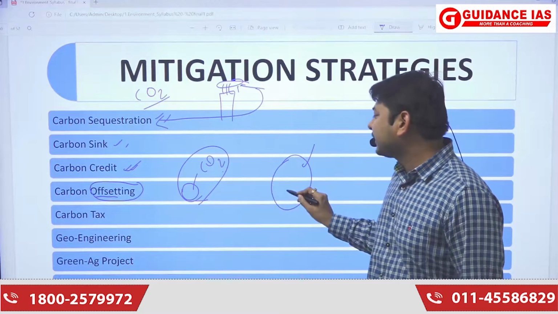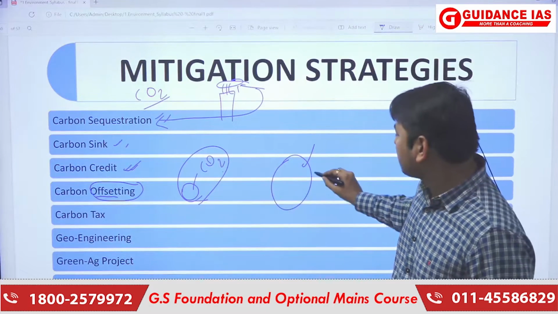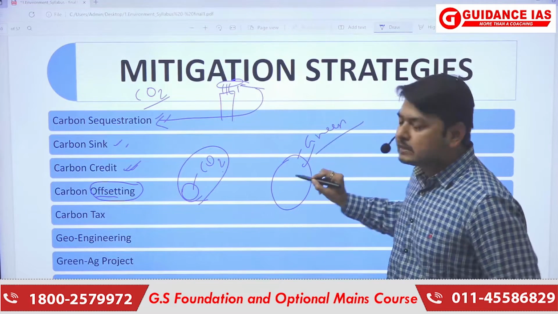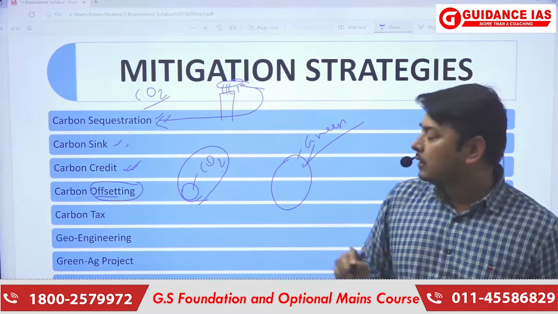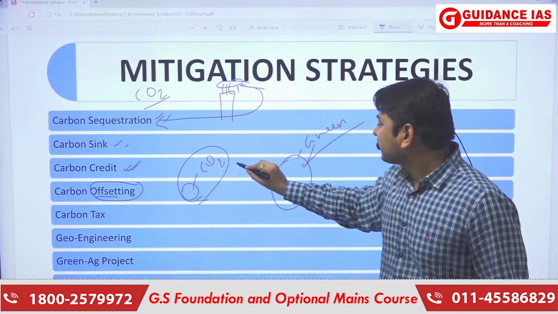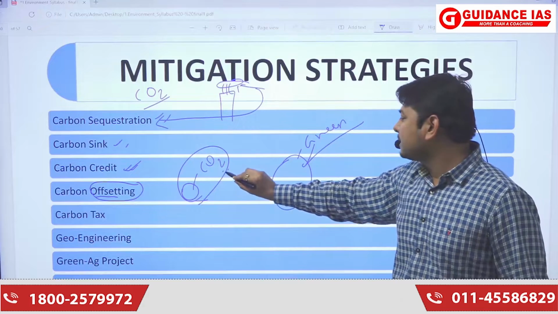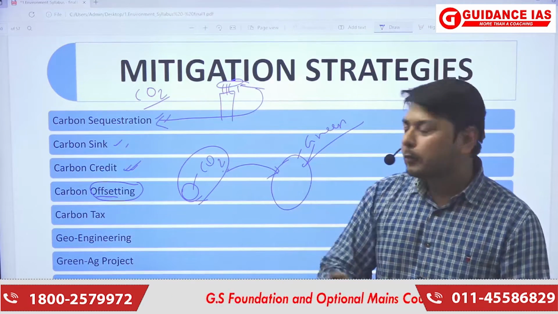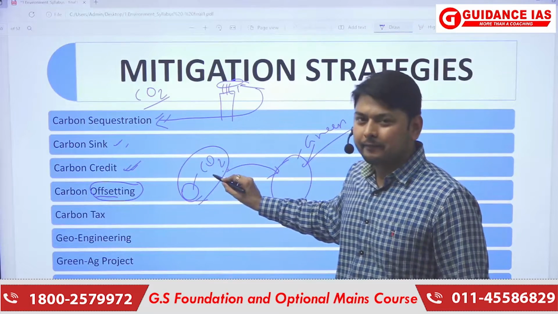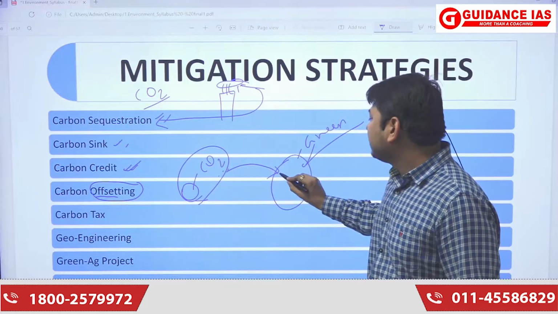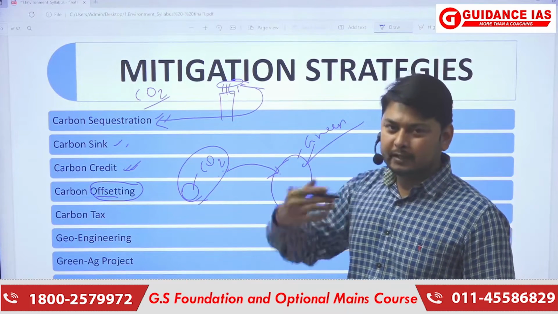But there is another country which is not releasing CO2. It is green. It is produced through green practices. So basically, I can ask this entity that instead of releasing this amount of CO2 here, you release this amount and I'll pay you something.